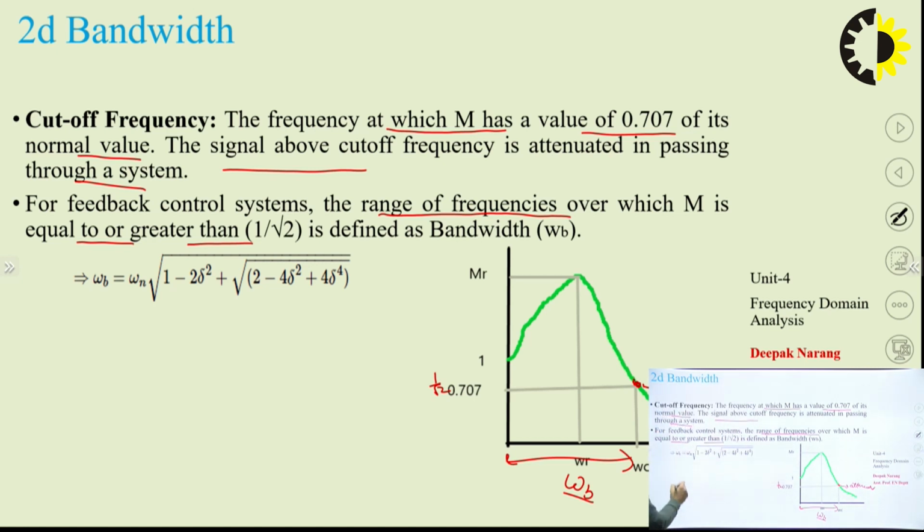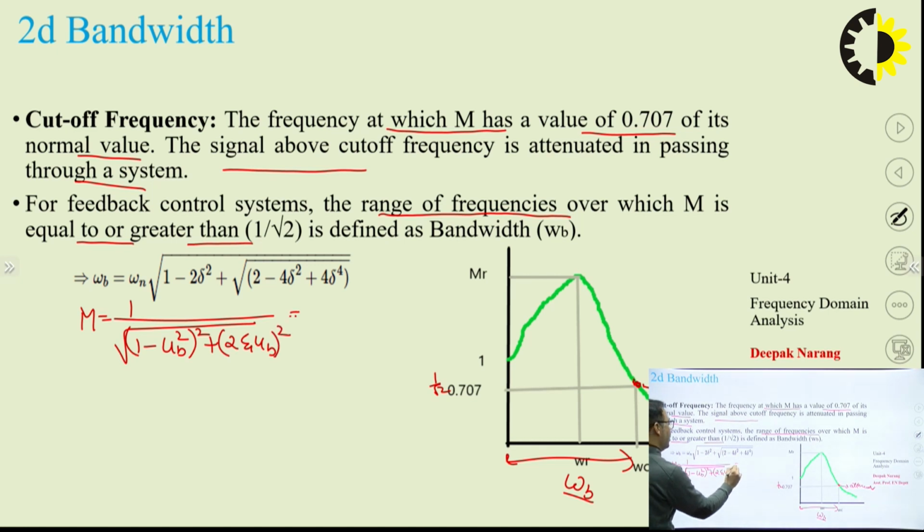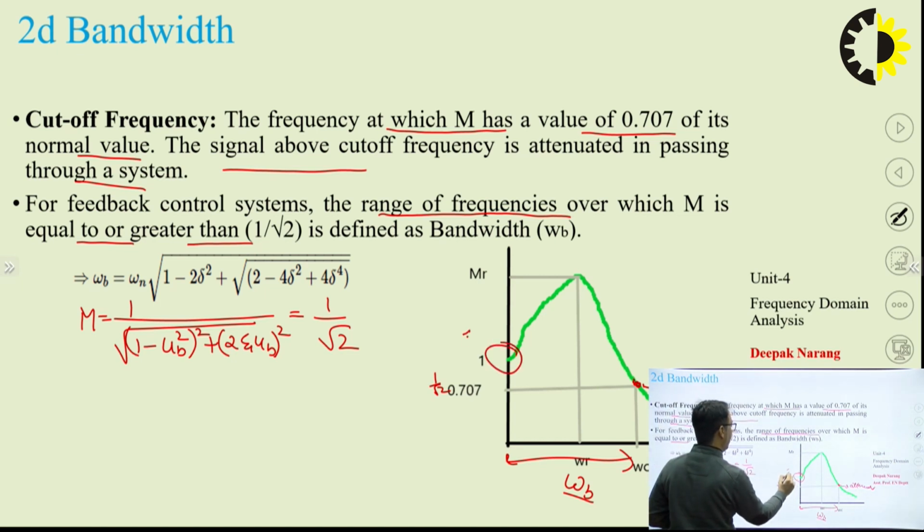So we can write our magnitude equal to 1 upon root of (1 minus u_b square) whole square plus 2 zeta u_b square. This is equal to 1 upon root 2, that is 1 by root 2 of its nominal value, and its nominal value is here 1.